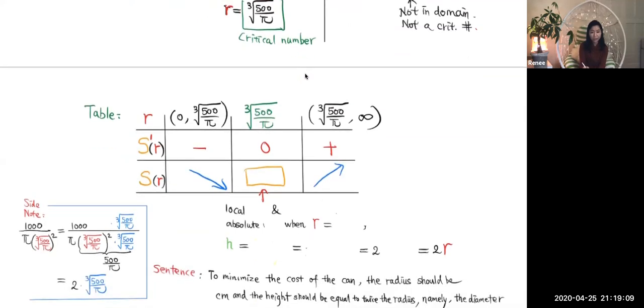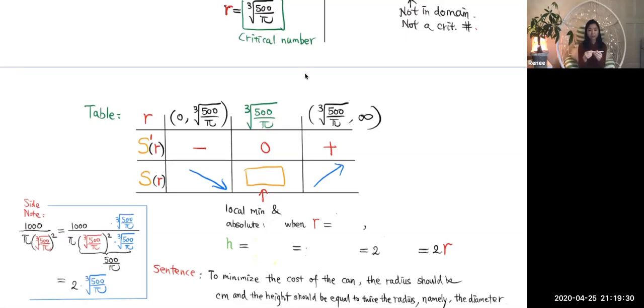So over here, as you can see, this function value is going to be a local min. It's also going to be the absolute min, because think about this: it's always decreasing on the left and always increasing on the right, on the whole domain.